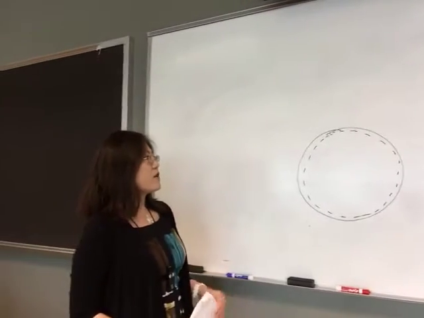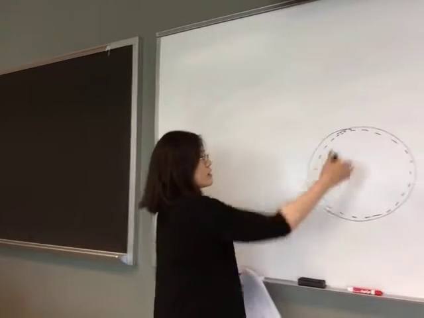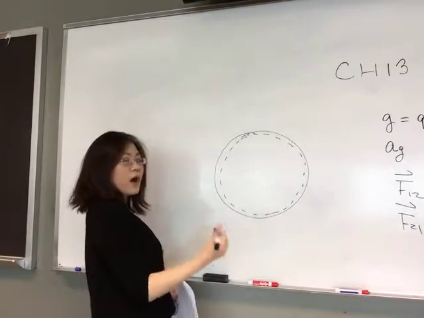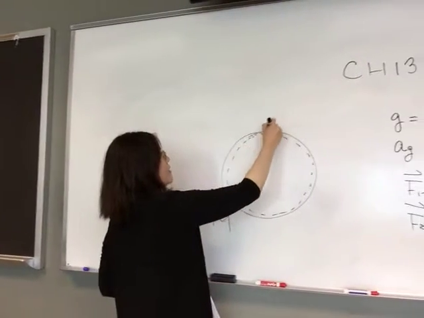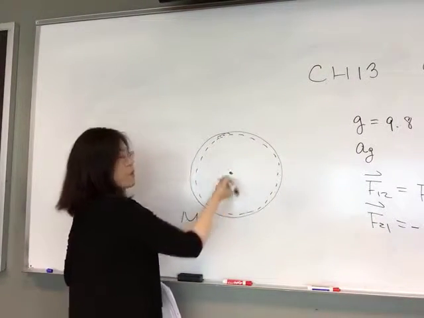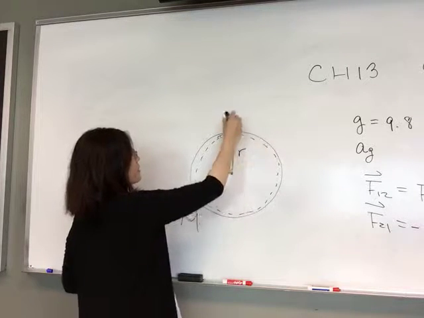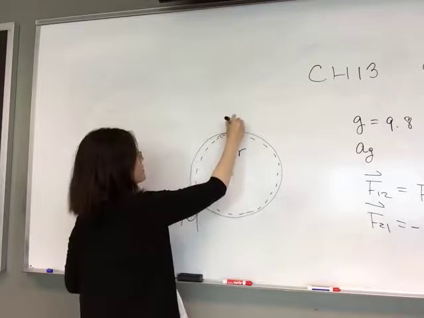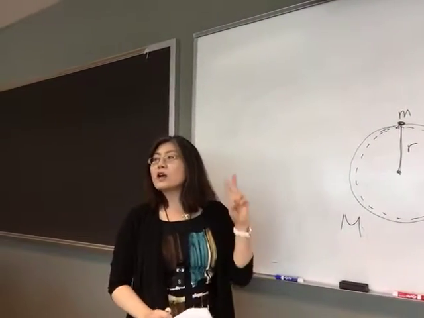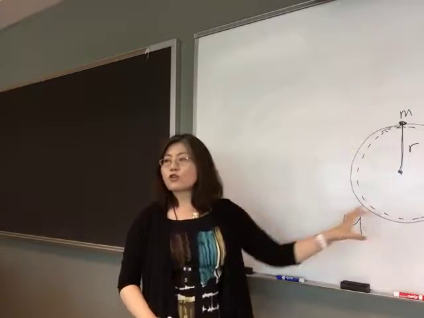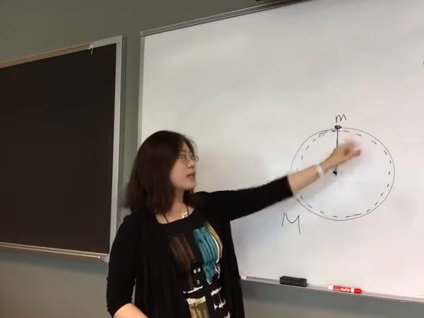So let's say you have a spherical shell, and that has a total mass, let's say capital M. This is the center of the sphere, and let's say this is distance r. You have a tiny little mass right here. It doesn't really have to be tiny, but let's just say you have an object. So now we have two particle systems: one is the spherical shell, and one is a particle that has a mass m.